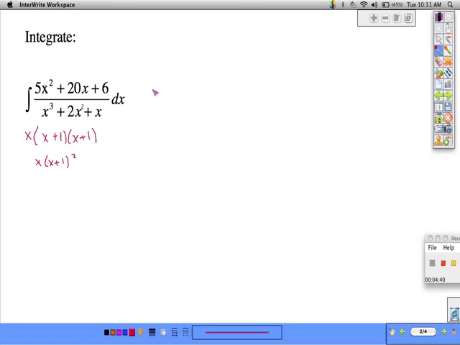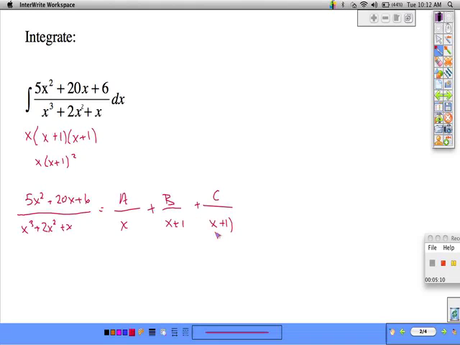And when we do this, we're going to set this up as a over x plus b over x plus 1. And then because there's a factor repeated, we're not going to put c over x plus 1 again. We're going to put c over x plus 1 quantity squared.